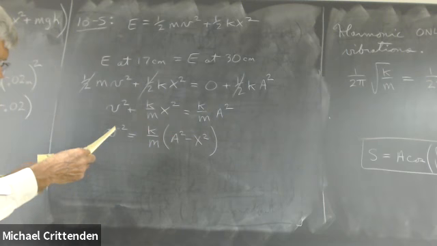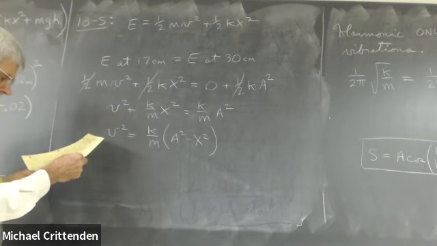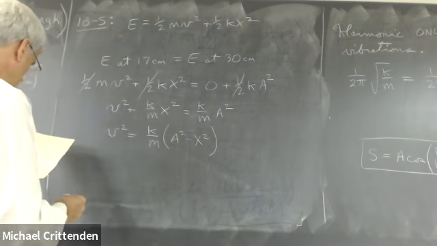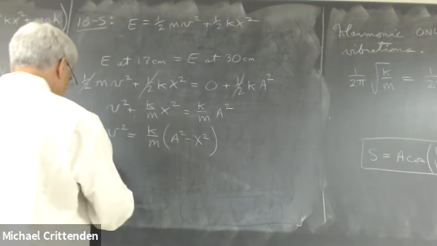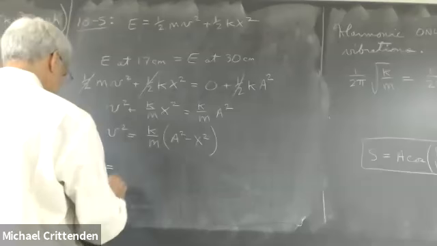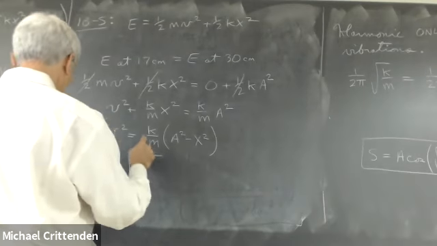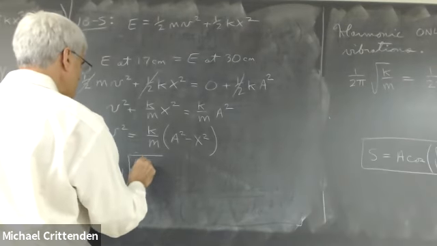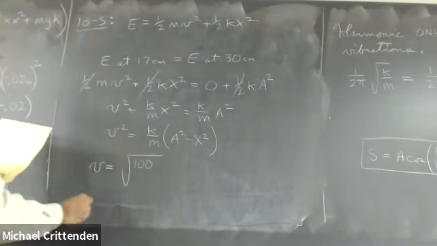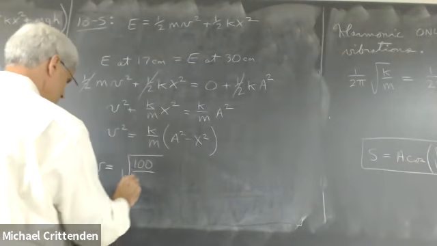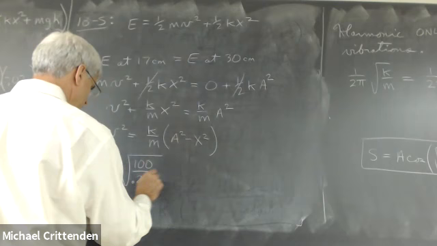And finally, you would take the square root, and that's the point at which I'm going to drop in the numbers. For k, the question gives us 100. That's written on the picture right next to the spring. The mass, 0.25 of a kilogram.